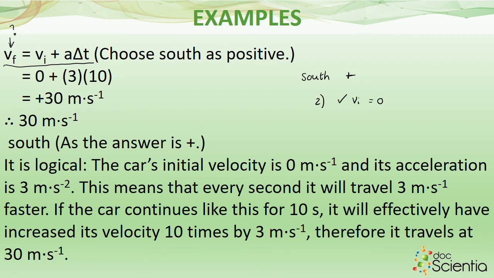What else did they give you? Lees net aan in daai sinnetjie. Wat sê hulle? Versnelling is gelyk aan 3. Né? What else did they give us? Time is equal to 10. Yes? What do we need? What are they asking? Die verplasing, né? Die afstand. Wat is die simbool daarvoor?